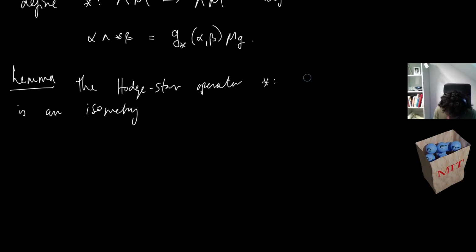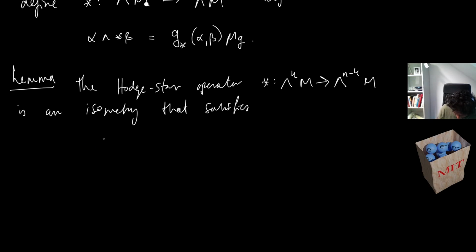And then I'll say the Hodge star operator maps k-forms to n minus k forms, and it's an isometry that satisfies star squared restricted to k-forms is equal to minus 1 to the k(n minus k), the identity on the k-forms. Okay.